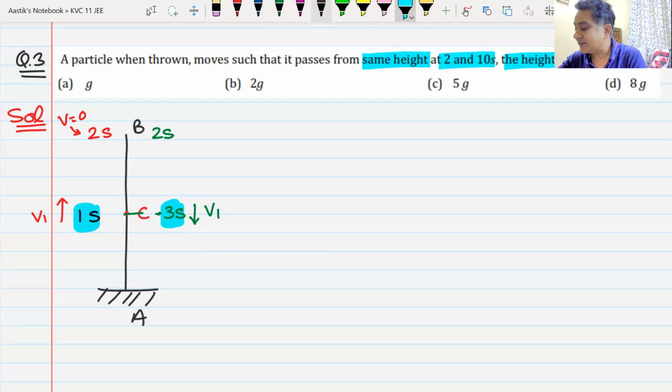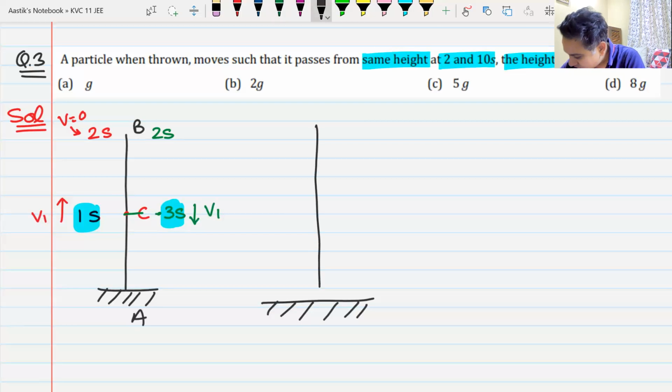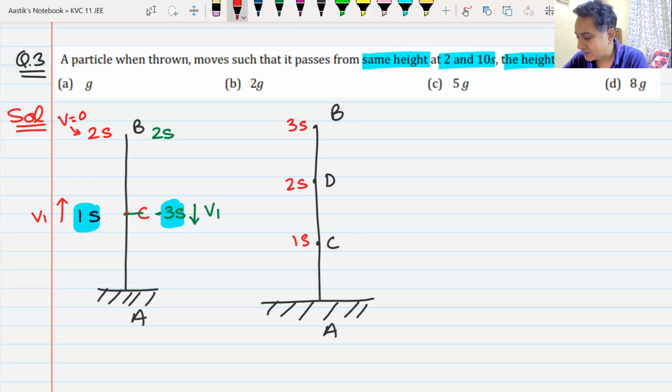Let us take another example. This time it takes 3 seconds to go up. So I have one point C, I have one point D. At 1 second it is here, at 2 seconds it is here, at 3 seconds it is here.